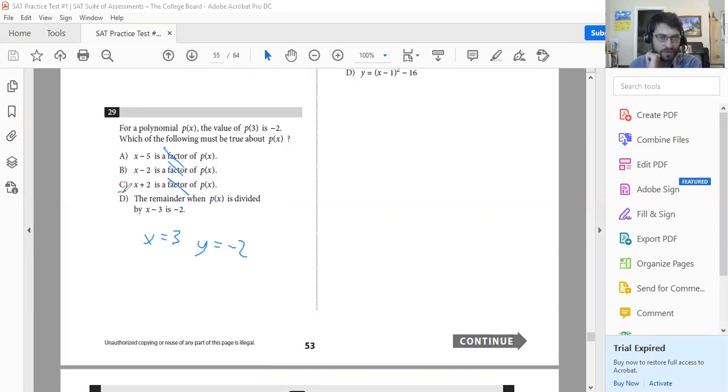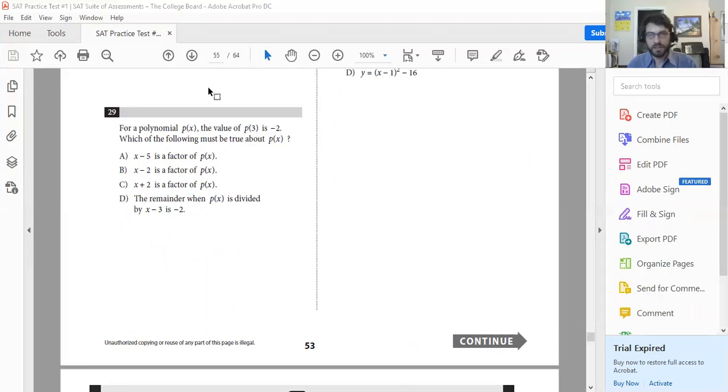That means only our one answer left is D. The remainder when p of x is divided by x minus 3 is -2. And yeah, maybe you remember that. Not that it's a factor, but if you divide it by x minus 3, the remainder will be -2 because that's what the function is.